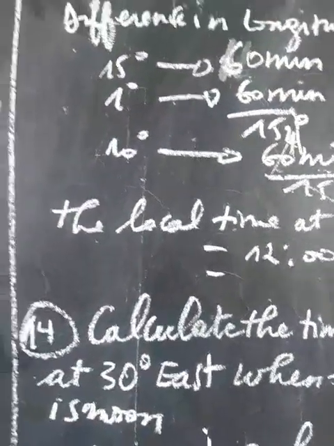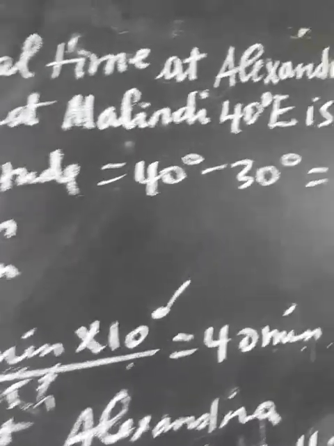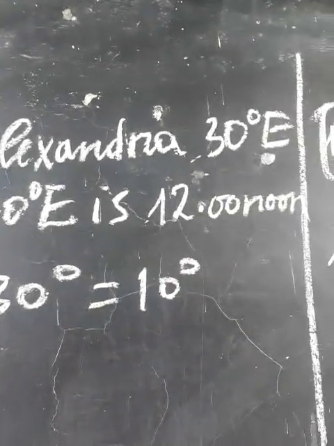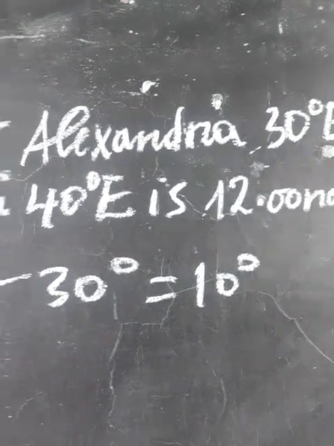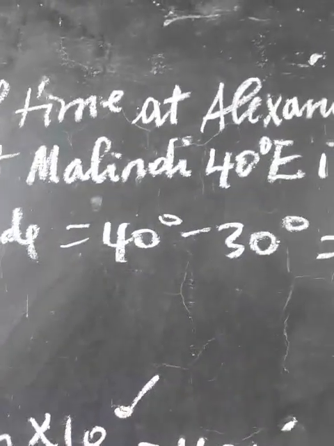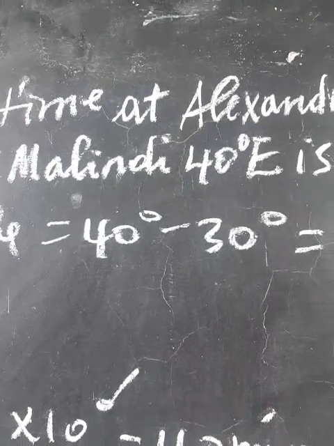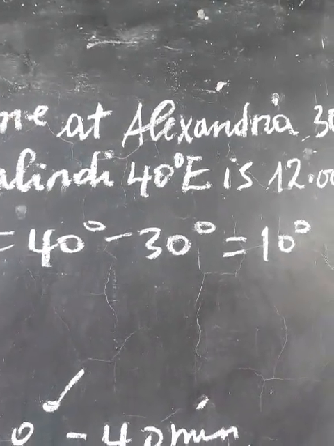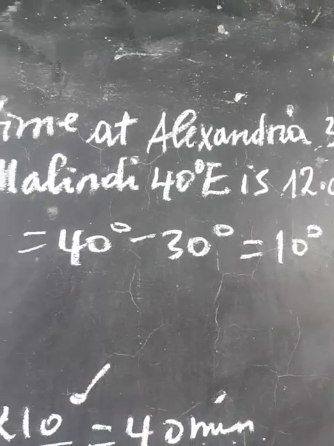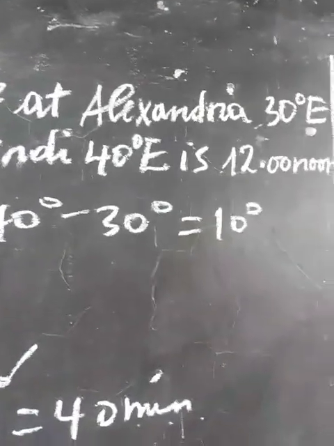Then the local time at Alexandria. So we first come here. Since Alexandria is located at 30 degree east and the Marine is located at 40 degree, we are coming from 40 degree going to 30 degree.